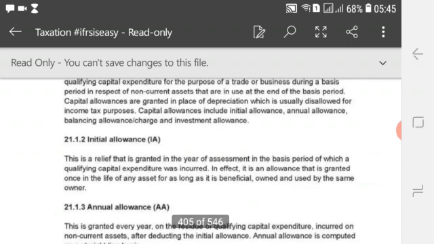This simply means that once an asset is bought, either in January, for instance, or by December 31st, you will grant a particular percentage based on the qualifying capital expenditure as initial allowance.